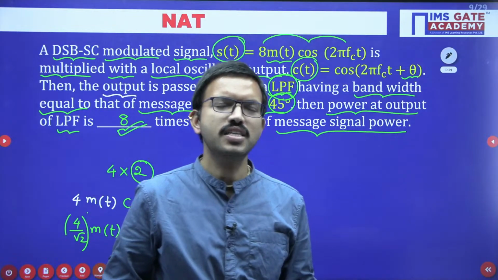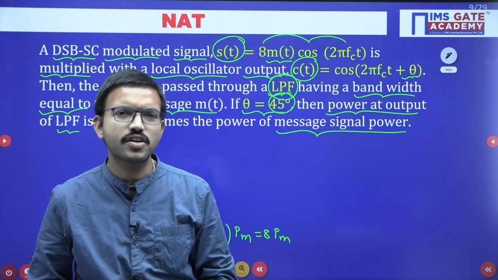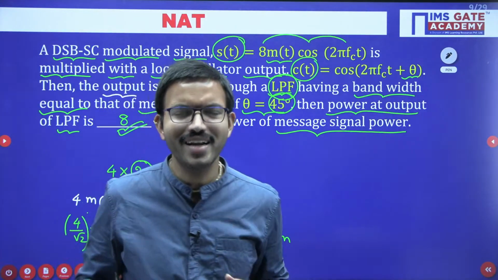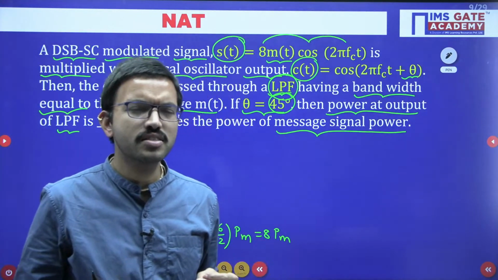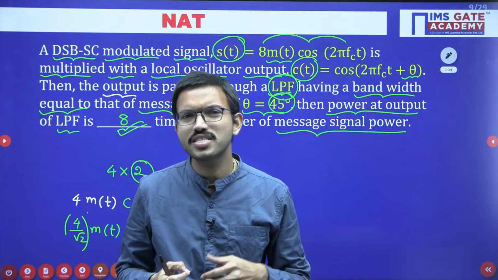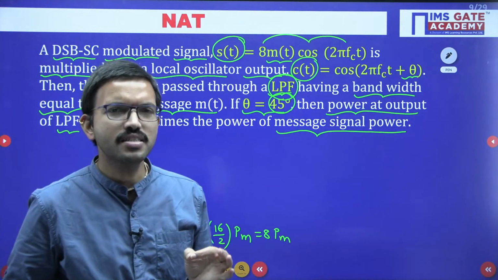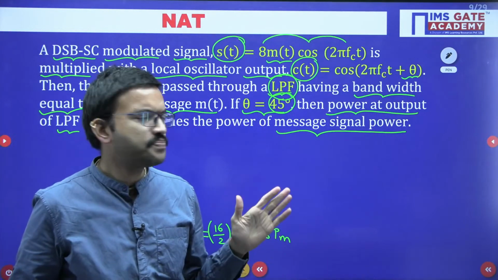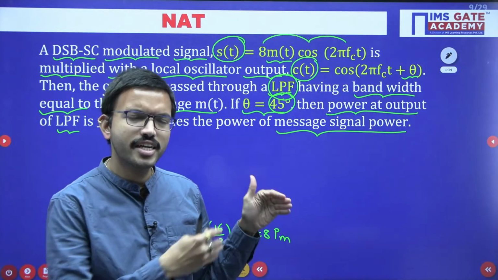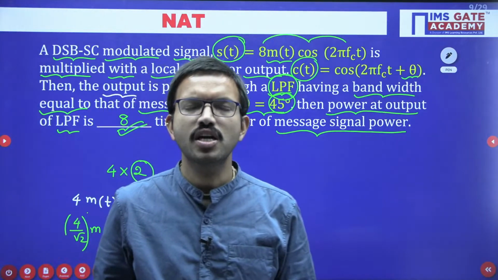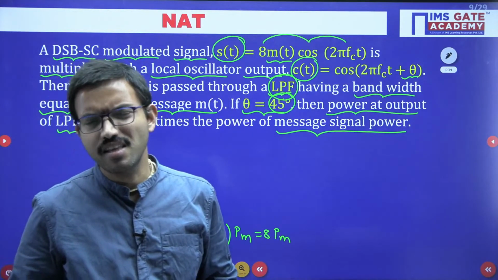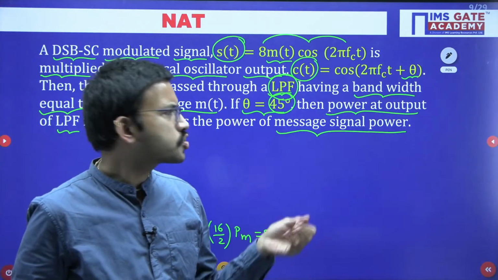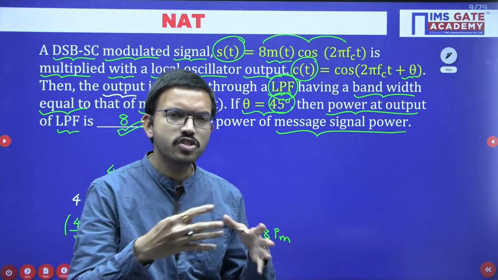Yes or no? See, you may understand the concept, but in the GATE exam, whatever concepts you have learnt, you have to apply those concepts. You have to attempt the questions in less time, right? So that is the reason, initially if you are learning any subject, try to learn the subject step by step, try to solve the questions in the conventional approach, but later whenever you get the opportunity to solve the same question, try to solve the same question by using the shortcut method.